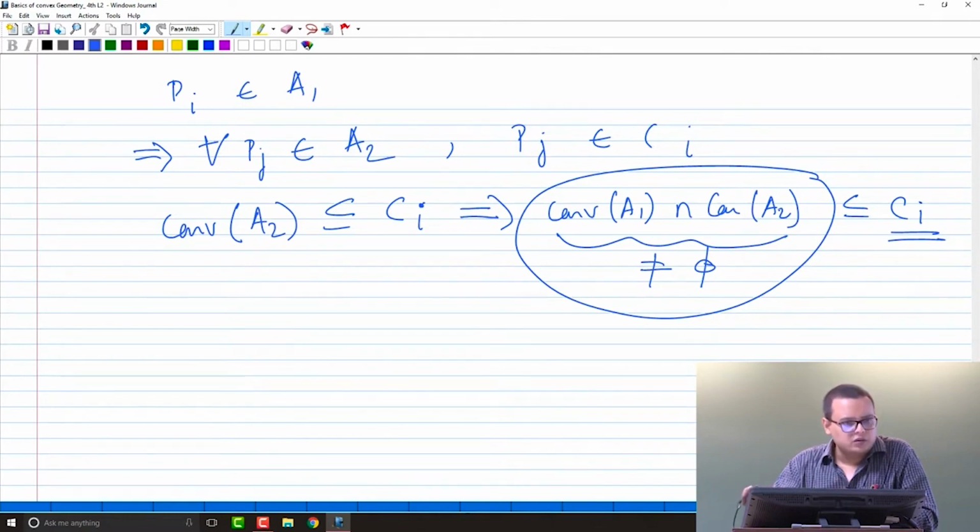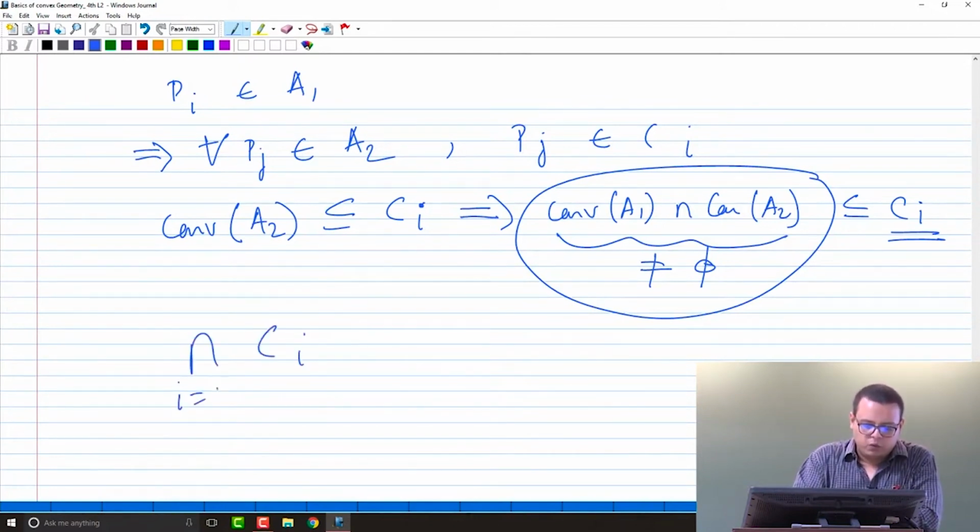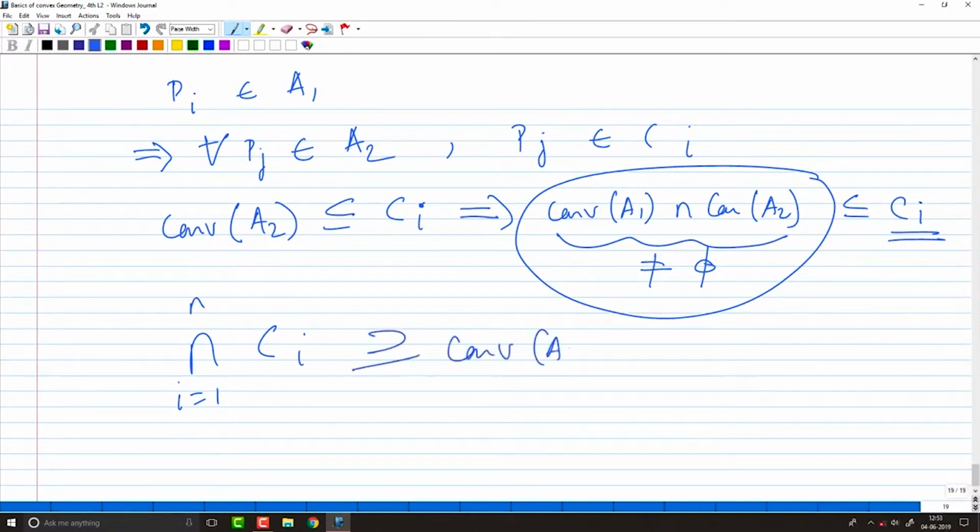So, what does it mean? The intersection of convex bodies from i equal to 1 to n is a superset of convex hull of A1 intersection convex hull of A2, because each of them contains this intersection. That is what we have proved.